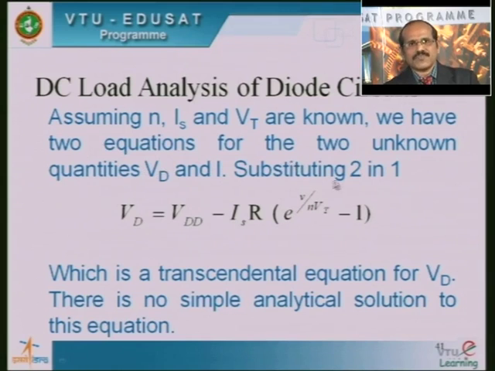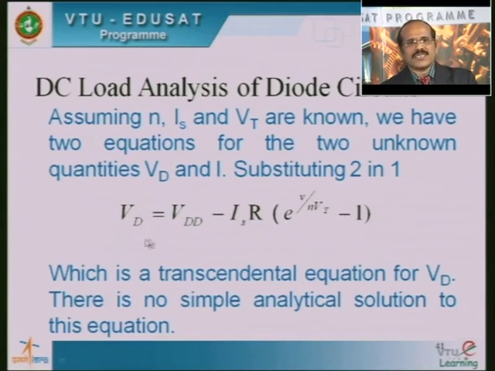If you substitute equation 2 in equation 1, we get Vd equal to Vdd minus Is into R into e raised to Vd by n Vt minus 1.